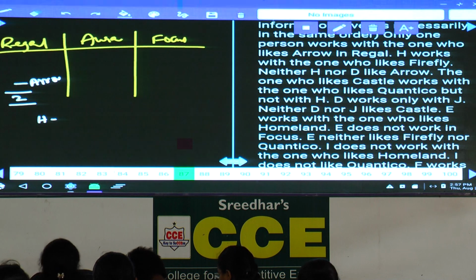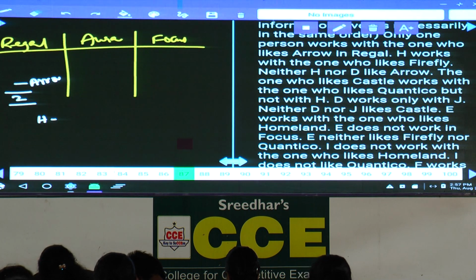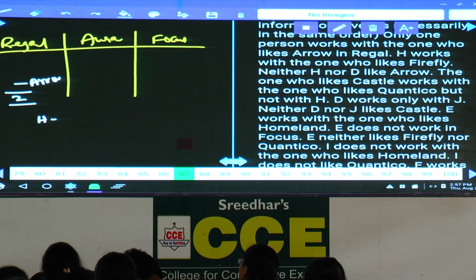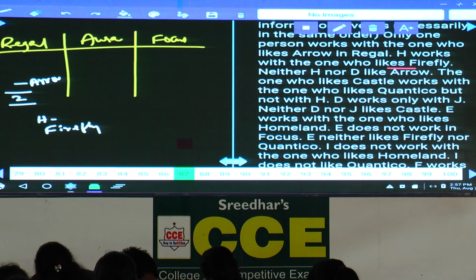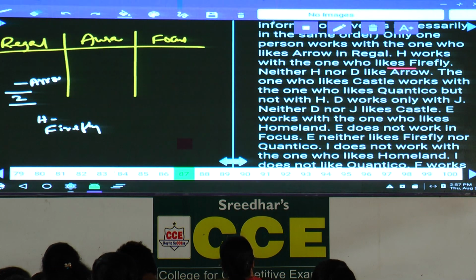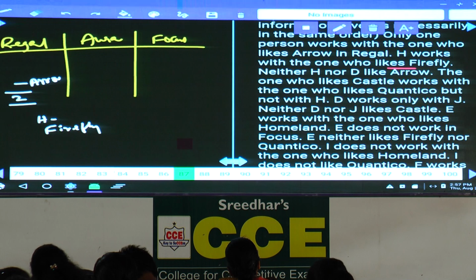There are 2 persons. H is the one, and the one who likes Firefly is the other. Hence, H works with the one who likes Firefly. Where should this H and Firefly be? Now can H and Firefly be in the Regal studio? Why is it no?